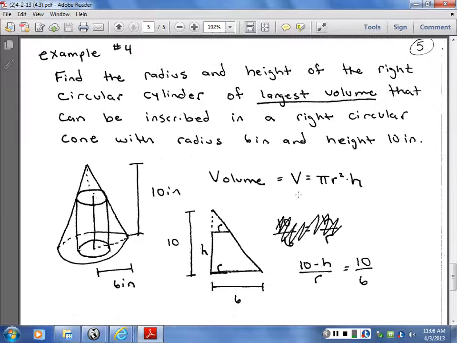So then we said, these definitely can get difficult. This can get complicated. And so we looked at this example. Find the radius and height of a right circular cylinder with largest volume that can be inscribed in a right circular cone. So I might have plastic molds that have this certain shape, and I want to go in there and machine out a cylinder from this mold.